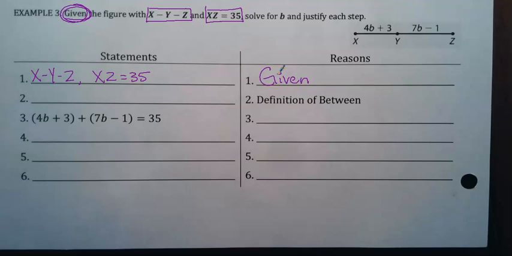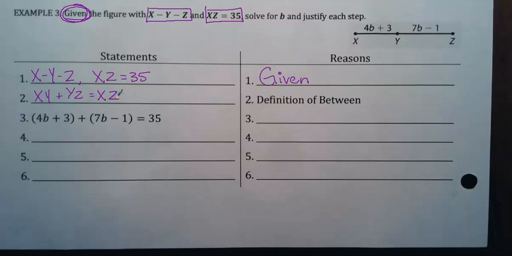Okay, then step 2 says, hey, you need to use the definition of between. Well, we might have to look up the definition of between and recall that. But the definition of between goes back to this betweenness. The definition of between says that in this case, xy plus yz has to equal xz.